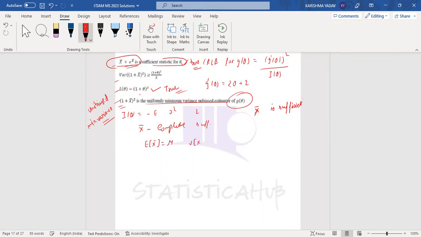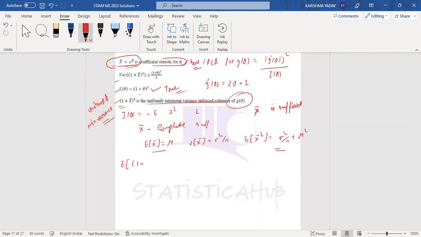And what is the variance of x bar? We know that it is sigma square by n. Then the expectation of x bar square is the variance of x bar plus the square of the expectation of x bar, that is sigma square by n plus mu square. This is what we got, and we have to find the unbiasedness, whether it is unbiased for g theta or not.